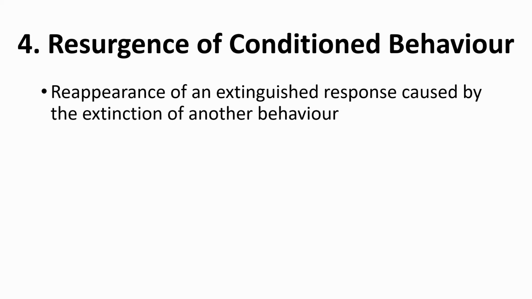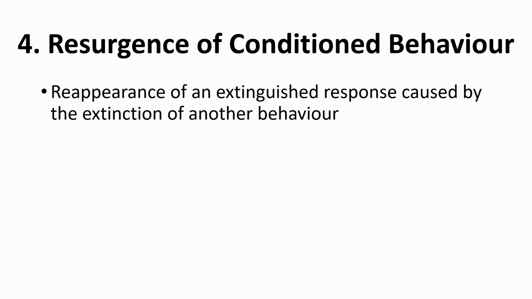makes sense because in the real world, behaviors don't occur in isolation. You don't have just one possible behavioral response. There can be multiple. Things get complicated. So resurgence is a sort of newer aspect of research where we're starting to look at multiple different behaviors that could occur.